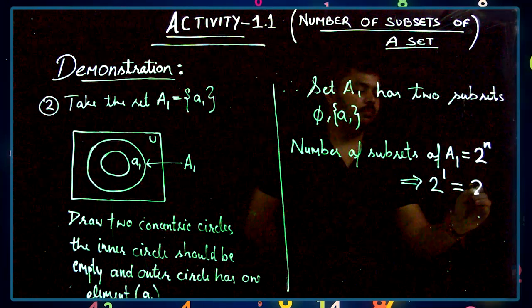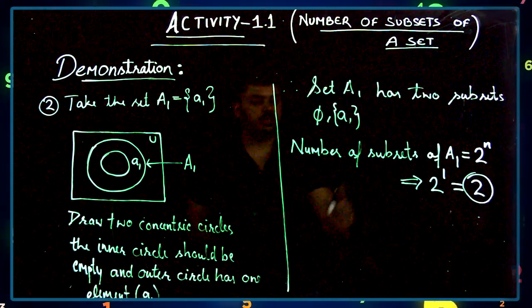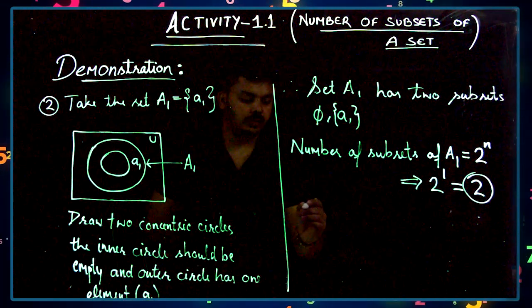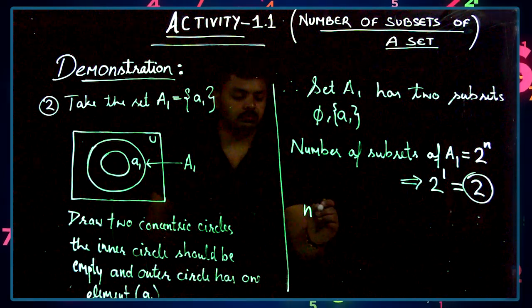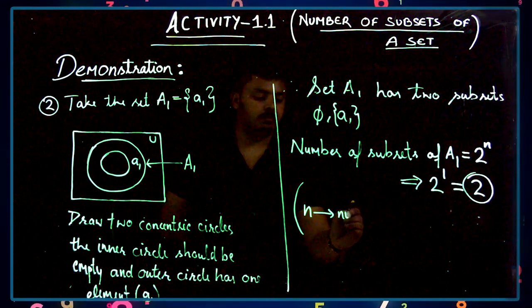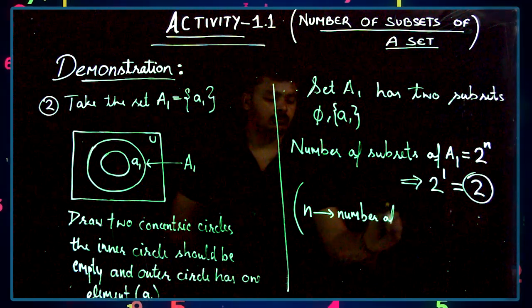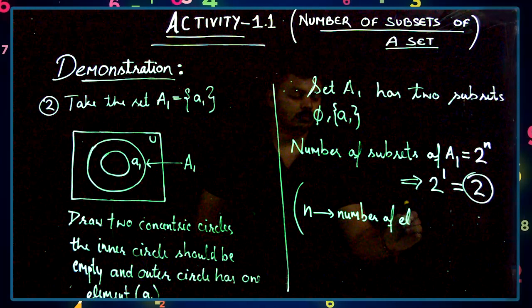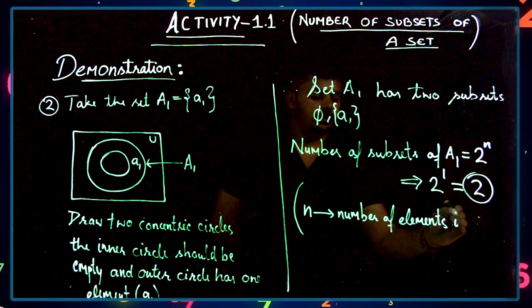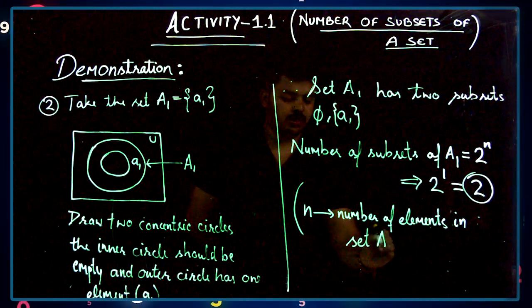So 2 to the power 1 is equal to 2. So the number of subsets of set A1 is 2, where n is the number of elements in set A1.